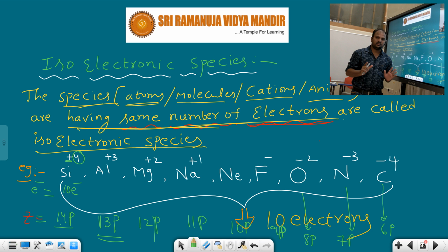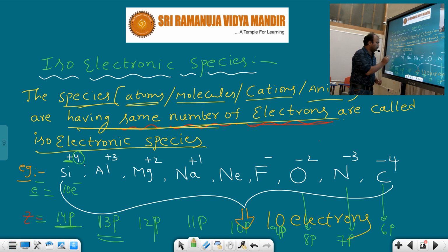I had written 14 protons because this is the proton number. Now I have to write the electron number. Silicon has 14 electrons, but I write a plus charge, meaning loss of electrons. Out of 14 electrons, silicon loses 4 electrons, so it has 10 electrons.